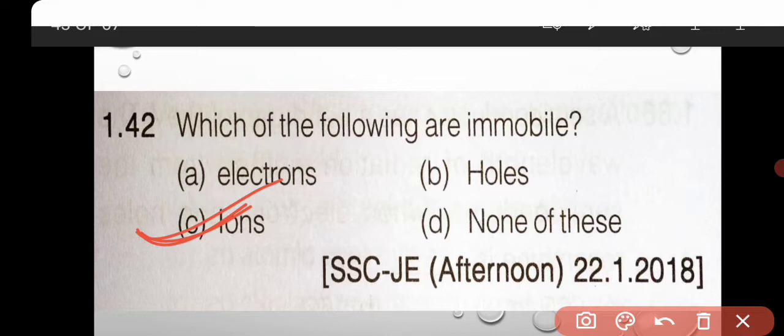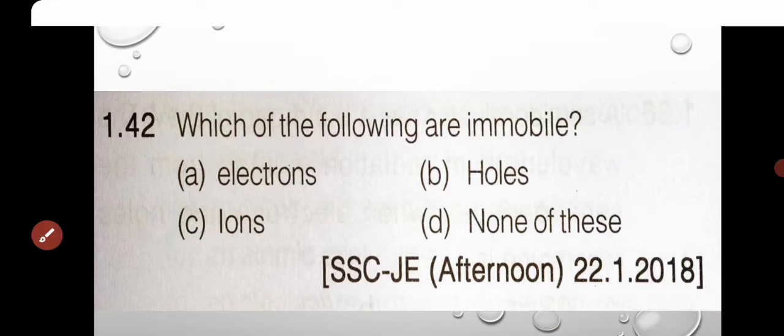During the formation of a p-n junction, electrons leave behind an immobile positive ion, the donor ion, on the n side, while holes leave behind an immobile negative ion, the acceptor ion, on the p side. So the correct answer will be option C, that is ions.